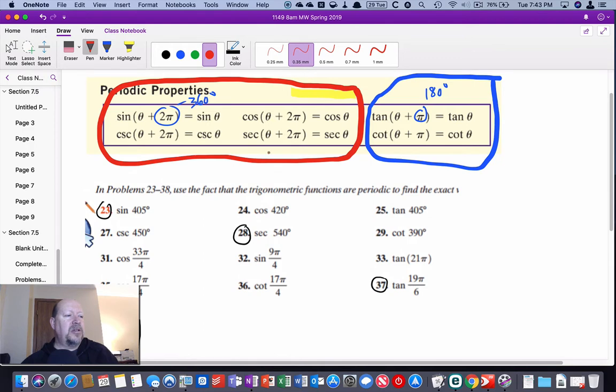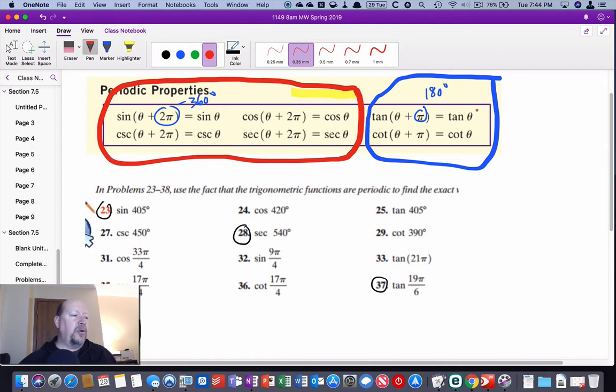The ones circled in thick red marker have a period of 2 pi radians, or 360 degrees. In other words, they repeat every 360 degrees. In blue, I have the two functions that repeat every pi radians, or 180 degrees. The tangent and the cotangent both have a period of pi, or 180 degrees.